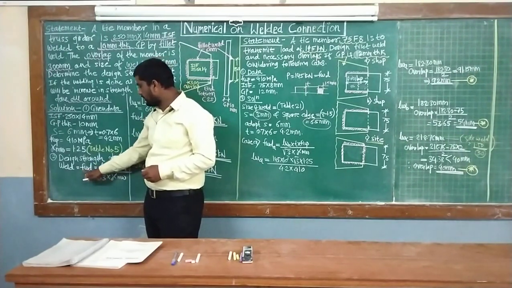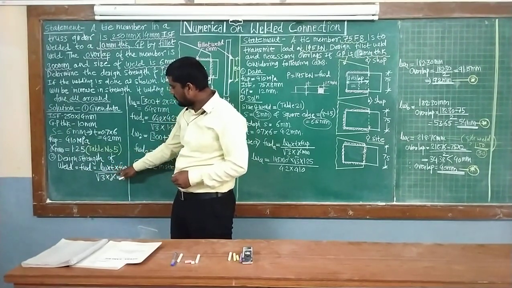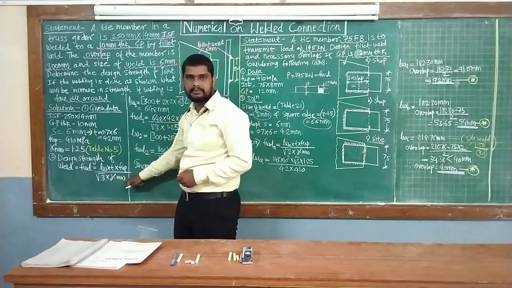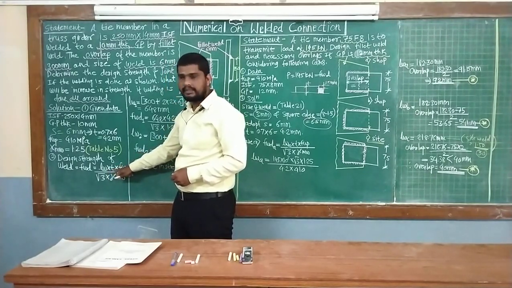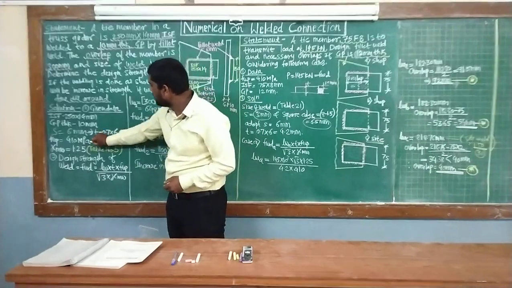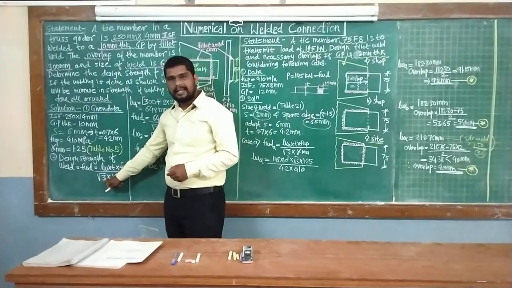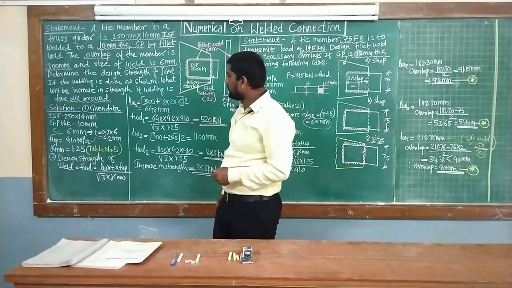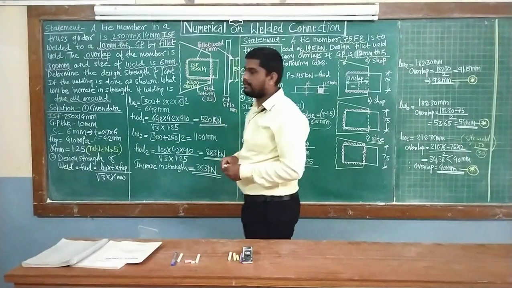So design strength of weld is FWD equal to, the formula is Lw into t into fu divided by root 3 into gamma m0, where Lw is the length of weld, t is the throat thickness, and fu is the ultimate tensile strength of the plate, already mentioned in the given data as 410 Newton per mm square, divided by root 3 into gamma m0, which is 1.25, taken from Table number 5 on page number 30 of IS 800:2007.